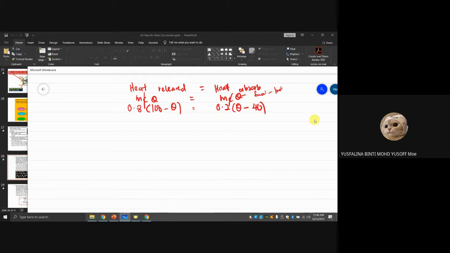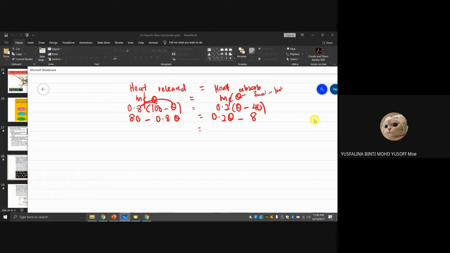So 0.8 times 100, you will get 80, right? So 80 minus 0.8 theta. Just expand like that. So this one is 0.2 theta minus 0.2 times 40, you will get 8.